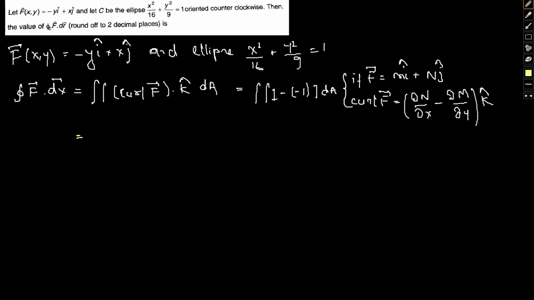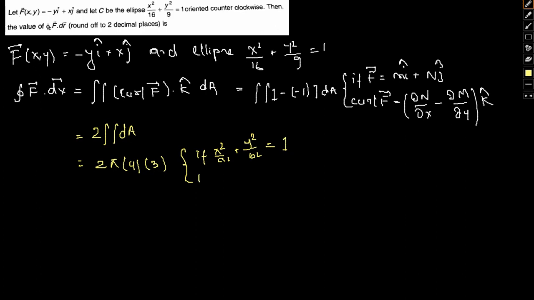So this would further give us 2 dA. Now, simply putting the formula of the area of the ellipse: if x squared by a squared plus y squared by b squared is equal to 1, then the area of the ellipse is equal to pi a b.